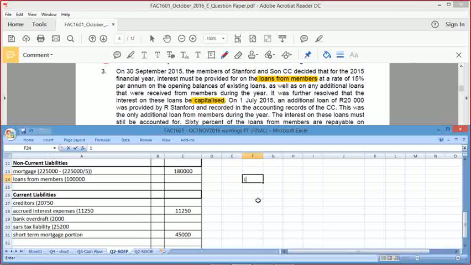What's the end of the year? 31st of December 2015. Correct. So the beginning would have been 1st of Jan. What happened during the year? On 1st July 2015 you got an additional 20,000. Correct.